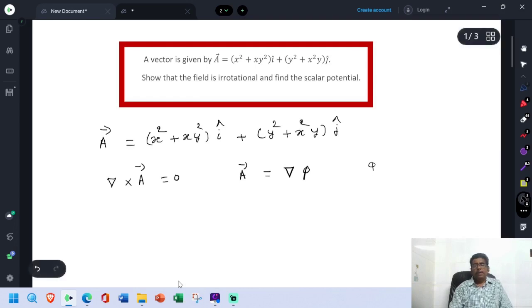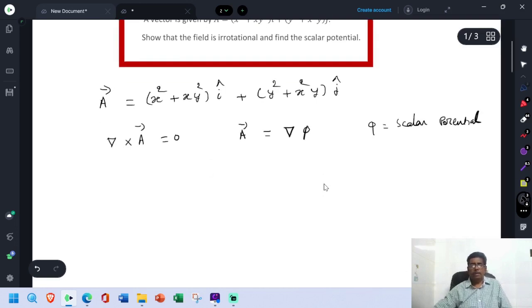Here pi is a scalar potential. According to the identity of vector analysis, if curl of a vector equal to 0, then the vector should equal gradient of a scalar.